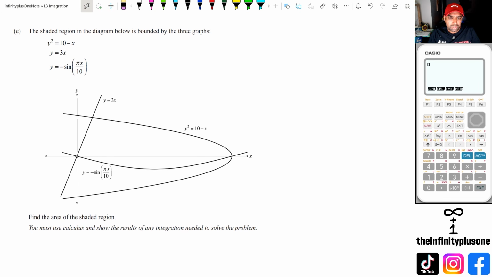So for this question here, the shaded region that we're looking at is this part here. So basically this entire thing here. Sorry, my lighting here is not doing it justice. All right, the way the answer schedule has done it is they've done it in 3 parts.